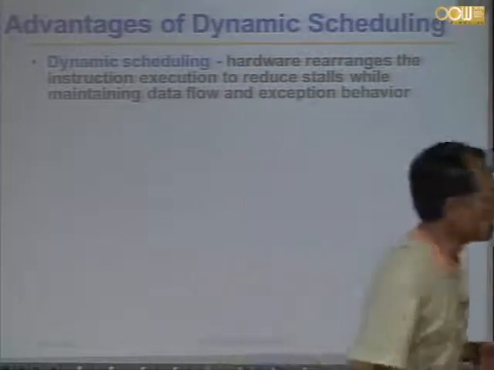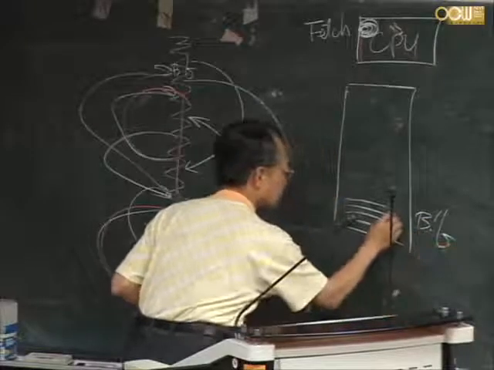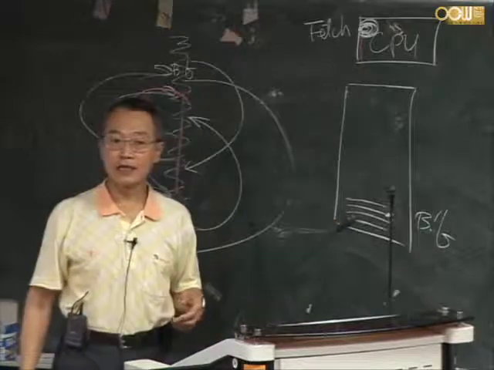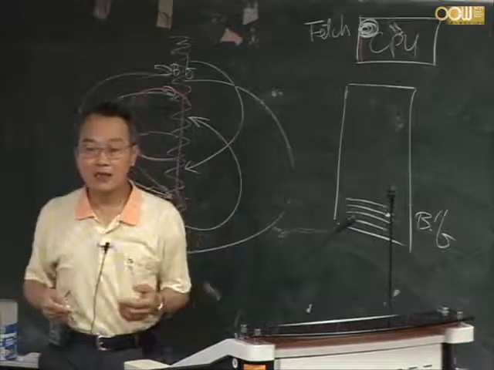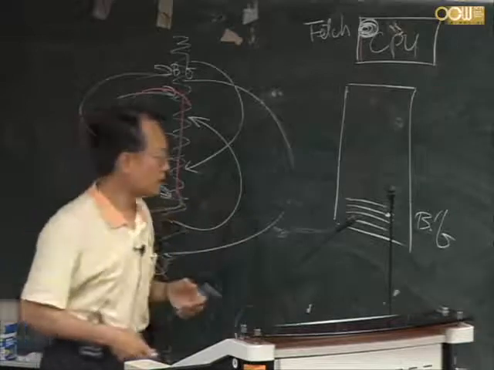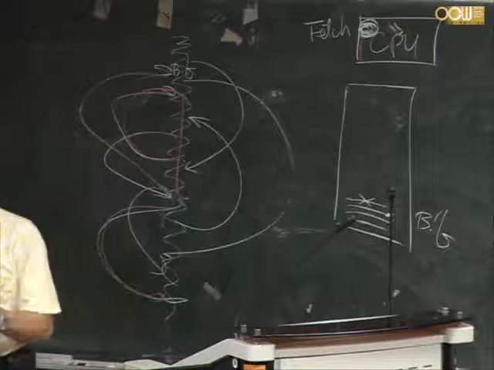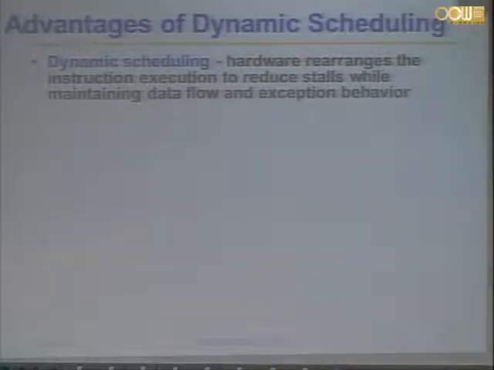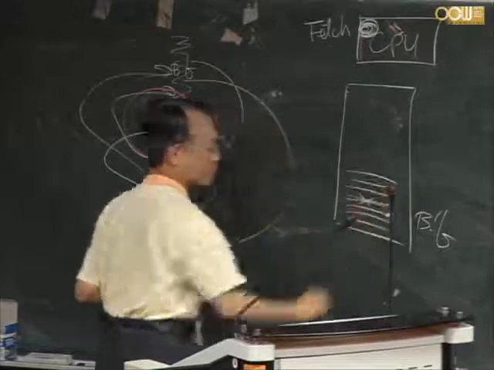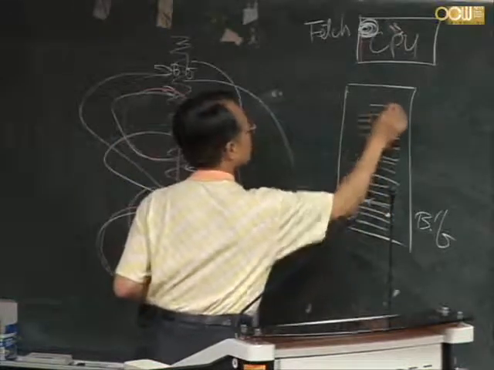Okay, so if there is any branch, suppose this one is a branch, and suppose my predictor tells me it's going to be a taken one, then I disregard this immediately and fetch from the target in the next cycle. Very quickly, I fill in new instructions. Should there be any branch, I don't care.